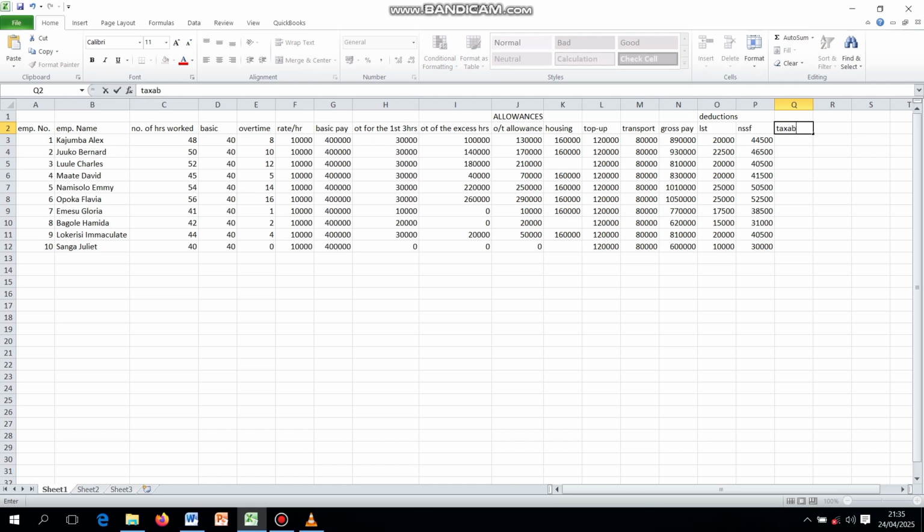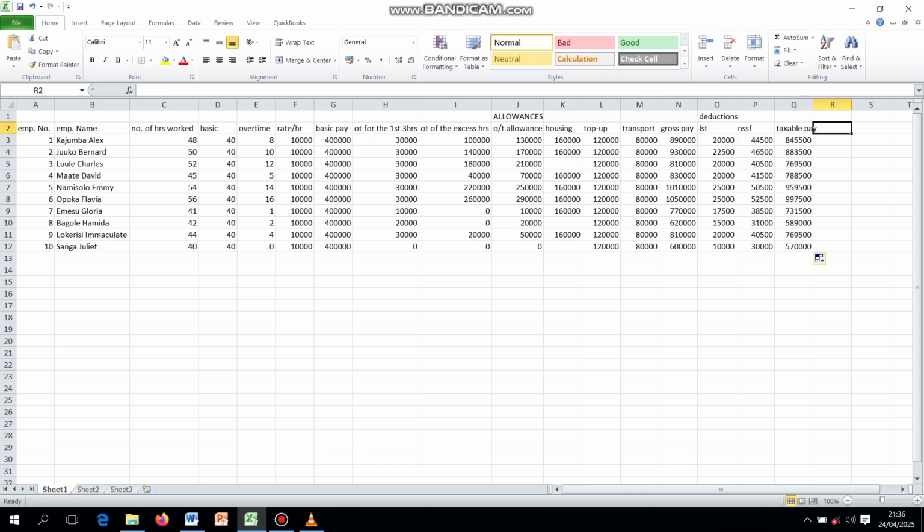I'm going to put it here, the taxable pay. So I'll come here to get the taxable pay. I'll use our sign, which is equals. That will be the gross pay. Then I will subtract NSSF, which I've got, and it will give me that value. So when I get that value, okay, I will just autofill it.